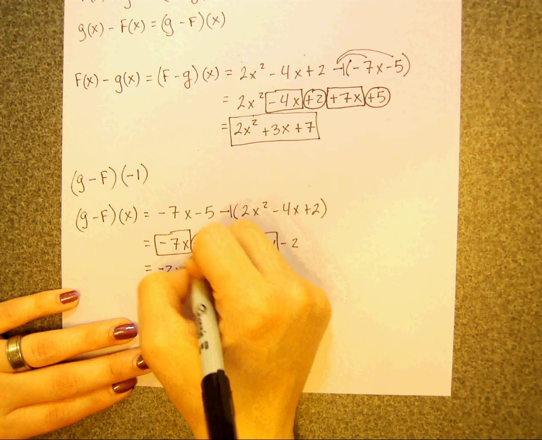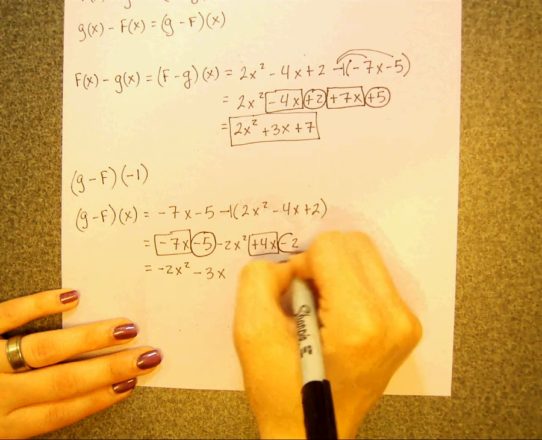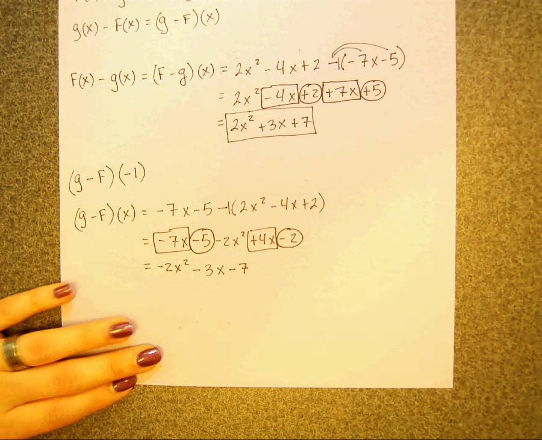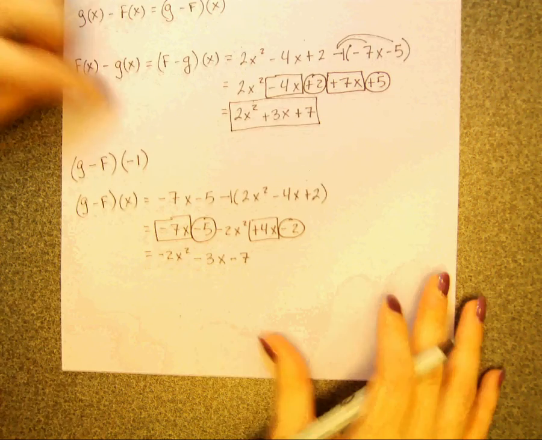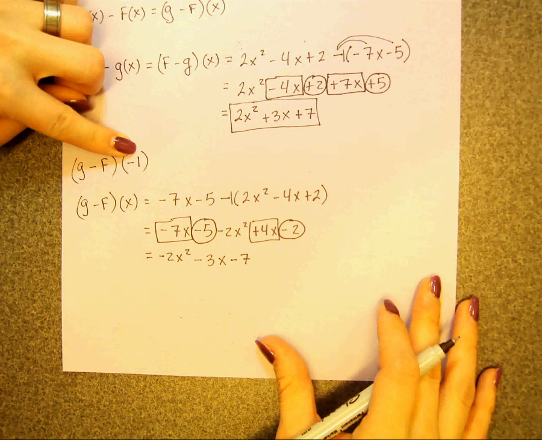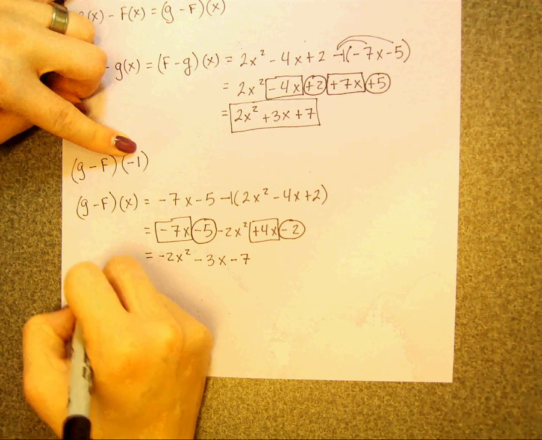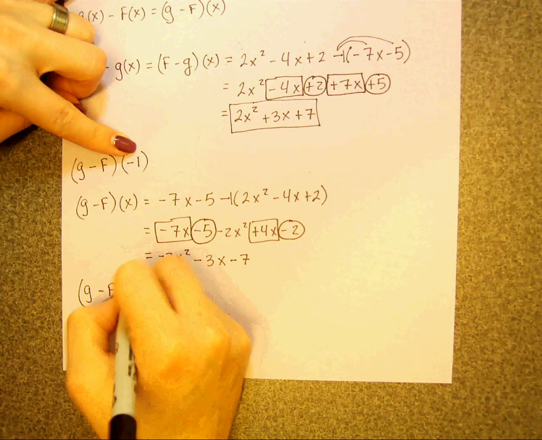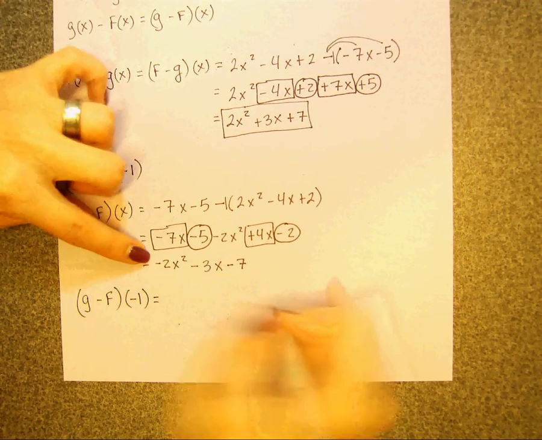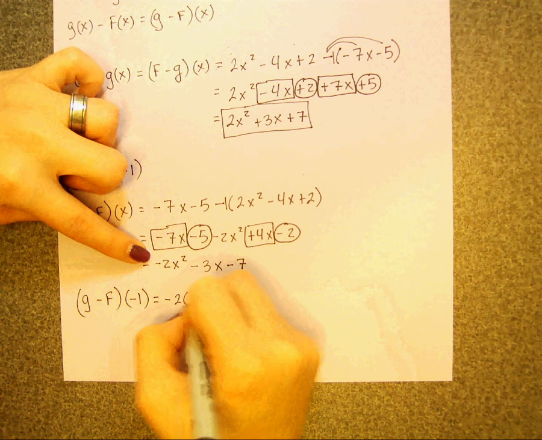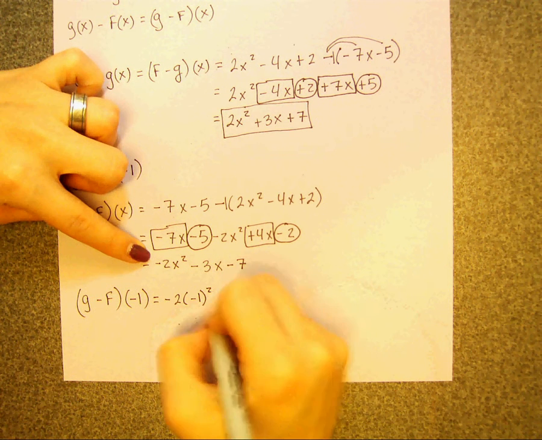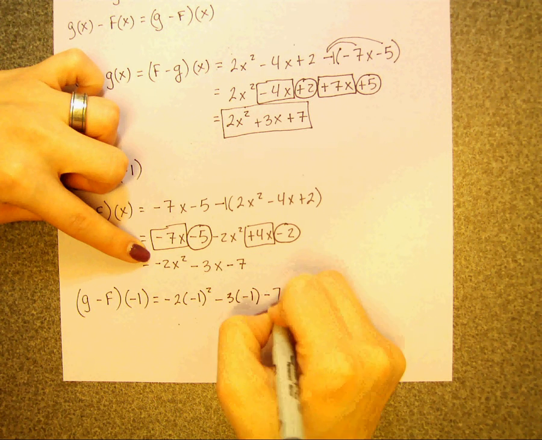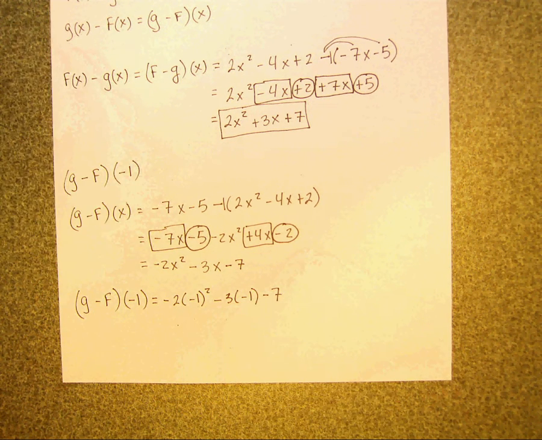And then my constants, I have negative 5 minus 2, which gives me negative 7. So now that I've subtracted my two functions, I can go back and plug in this negative 1. So g minus f of negative 1 equals negative 2 times negative 1 squared minus 3 times negative 1 minus 7.